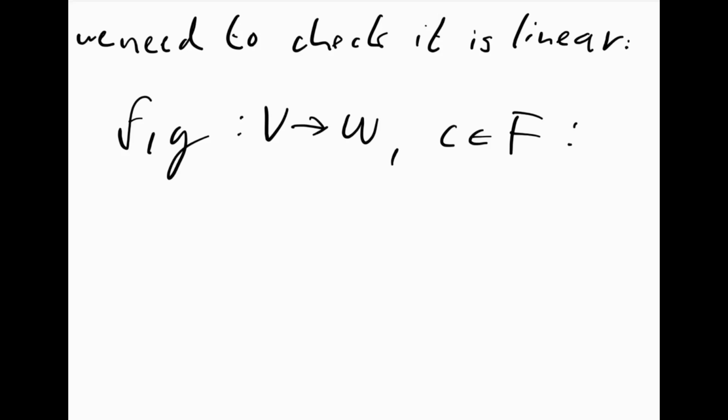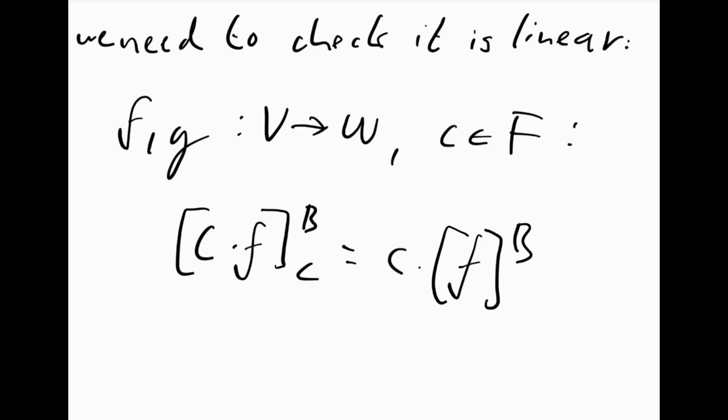For these, we have the following, that c times the map f, all of that with respect to B and C, is actually the same as if we take out the c and do f with respect to B, C. That's the first thing.